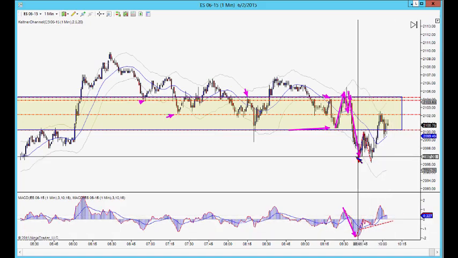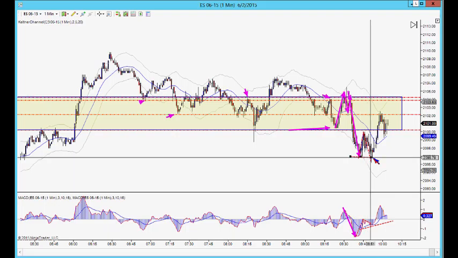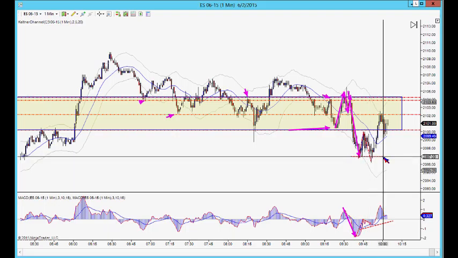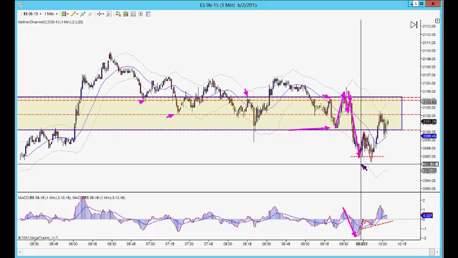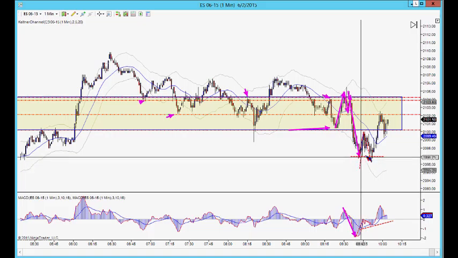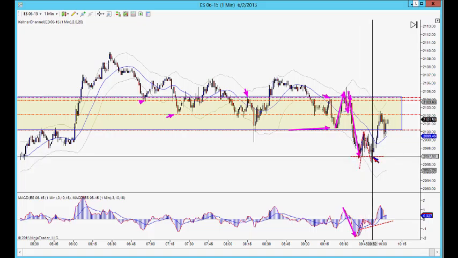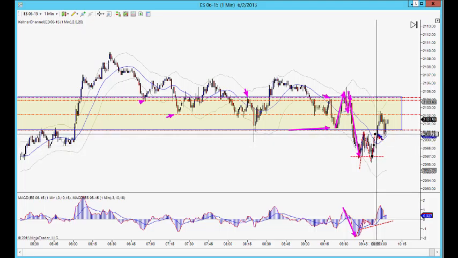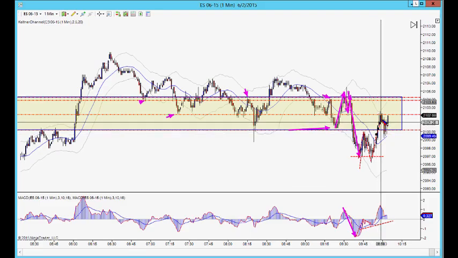Once it came back above this prior low right here, that's when I started looking at the buy side. The first trade we exited here, and then the balance we exited into this push of a prior swing low, a prior range low.